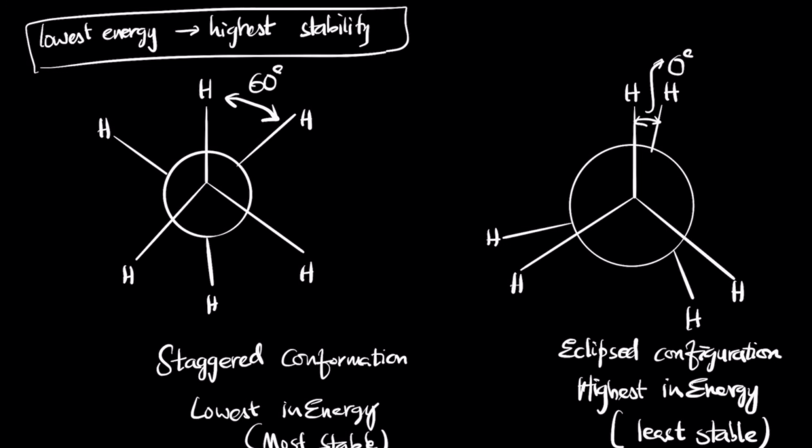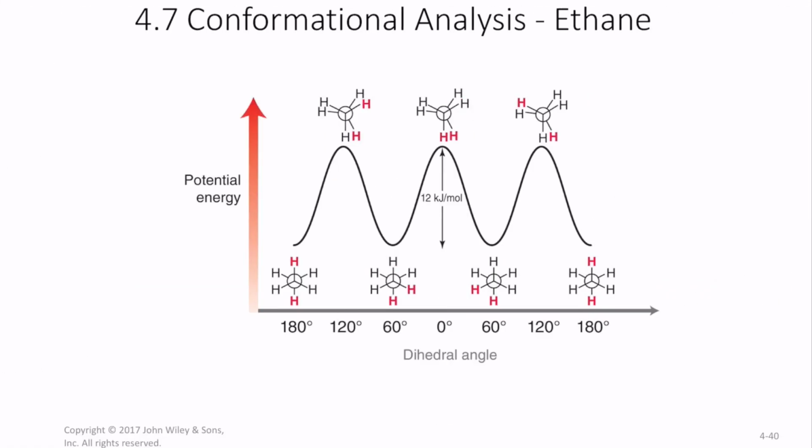So in terms of conformational analysis, what is the difference in energy between these two molecules? This is the idea behind conformational analysis. When you take an ethane molecule here and change the dihedral angle towards 60 degrees, 120 degrees and 180 degrees, notice that at exactly 120 degrees you get the eclipsed configuration again.